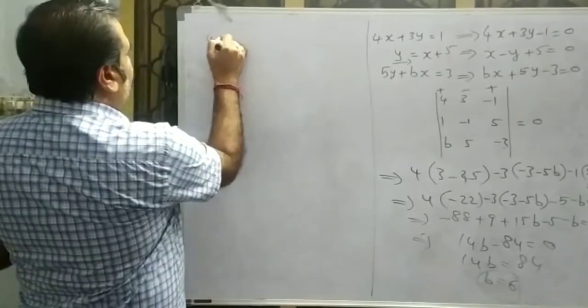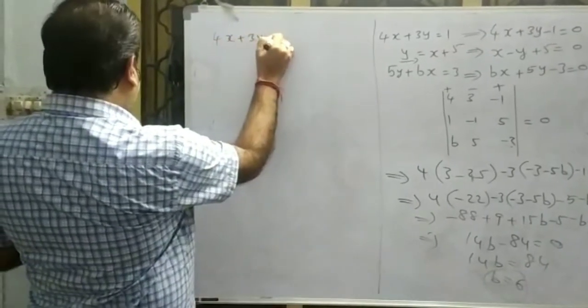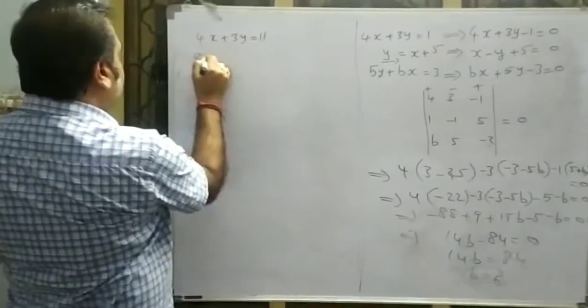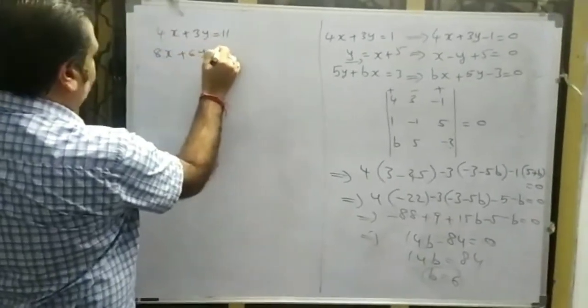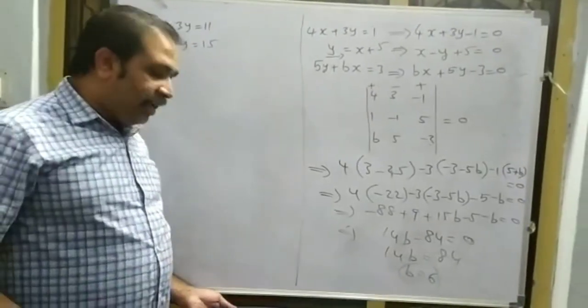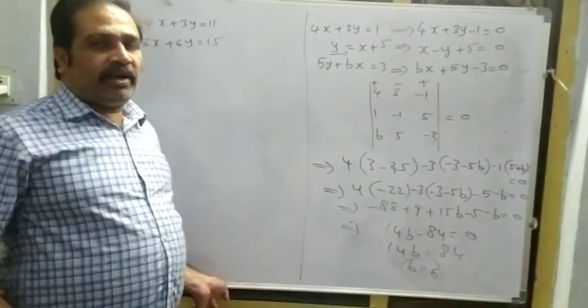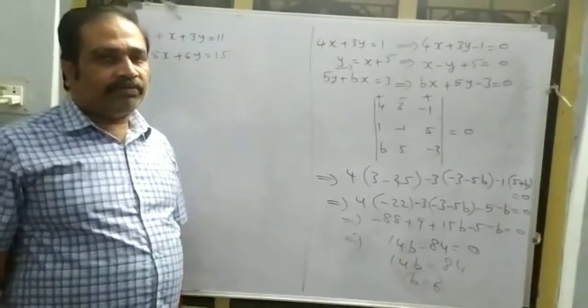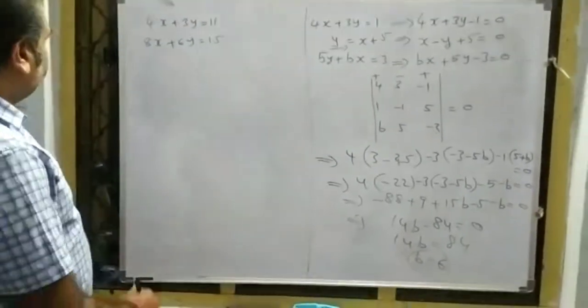Two lines are given. 4x plus 3y is equal to 11. 8x plus 6y is equal to 15. These two lines are basically parallel. Then we can find out the distance between them. First of all, we can see here one point.